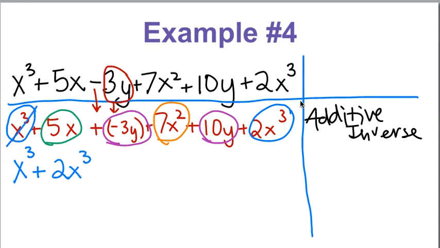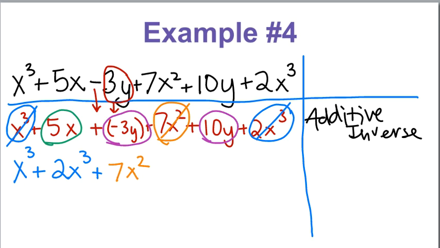So that one's done, that one's done. I don't have any more third powers. So now I look for second powers. Anything to the second power. Oh, look at this, 7x squared. Now I'm crossing these off as I go because this is kind of a long one. You don't have to do that. So my second power is done.